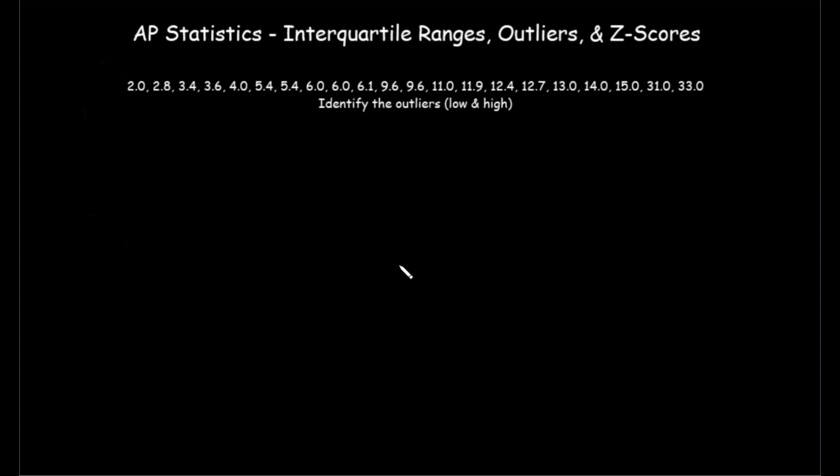So if you remember what medians are in AP Stats, like the middle of the data, we can just get that by counting down and up. 1, 2, 3, 4, 5, 6. 1, 2, 3, 4, 5, 6. 1, 2, 3. 1, 2, 3.